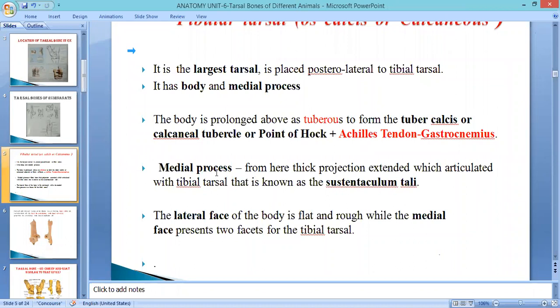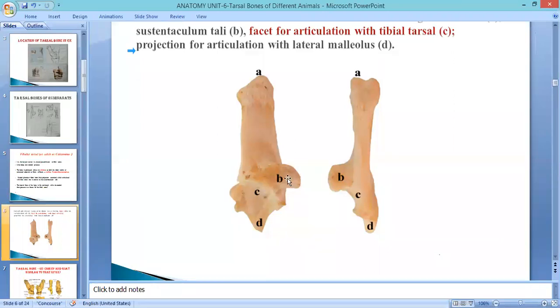And the medial process, thick and projected medially, is known as sustentaculum tali. I remember during my BPSC interview, the first question raised by one of the experts was, what is sustentaculum tali? My answer was that sustentaculum tali is made up of words: sustenta and culum, and tali.